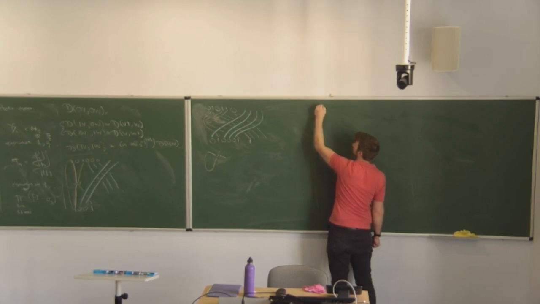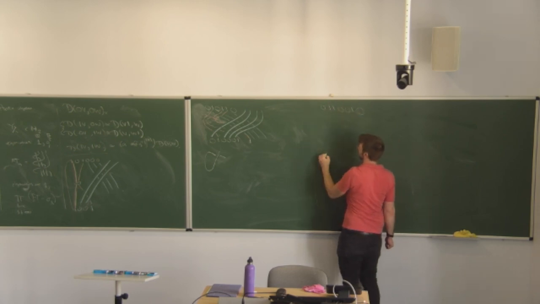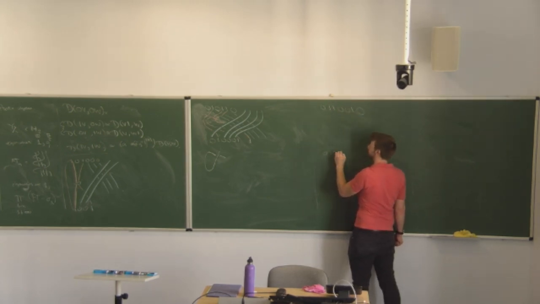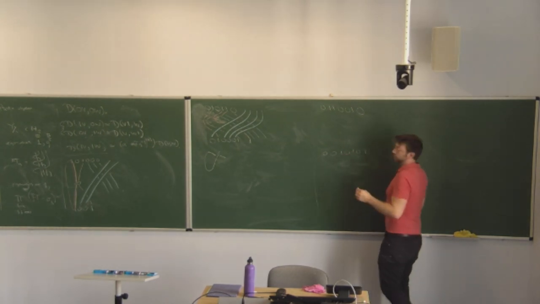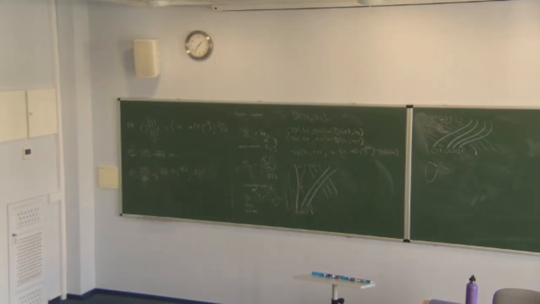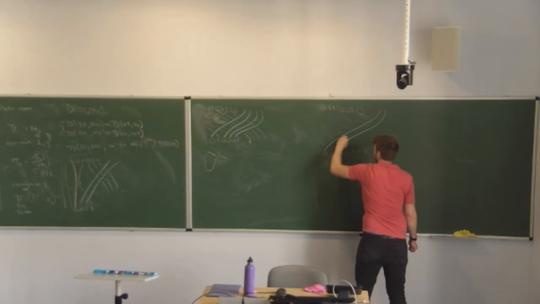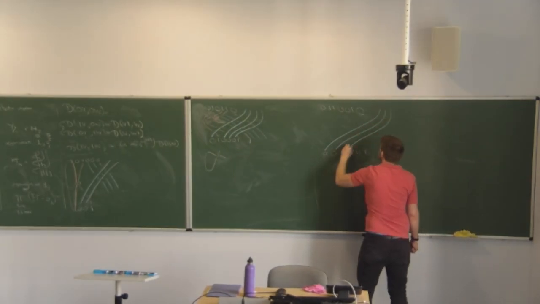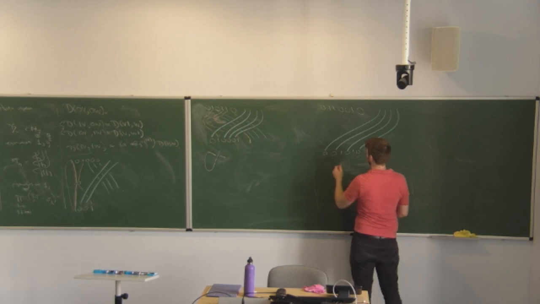So let's start with just a random pair of sequences, both of which begin with a 0. Say, okay. And now we drop the 0s, W, and the 1s.